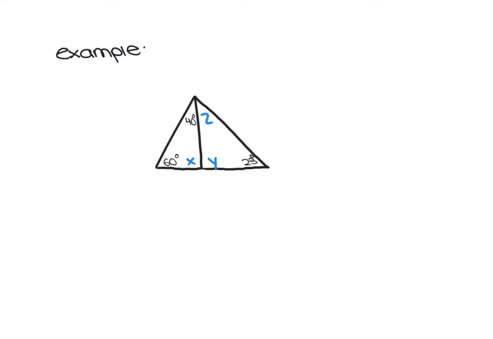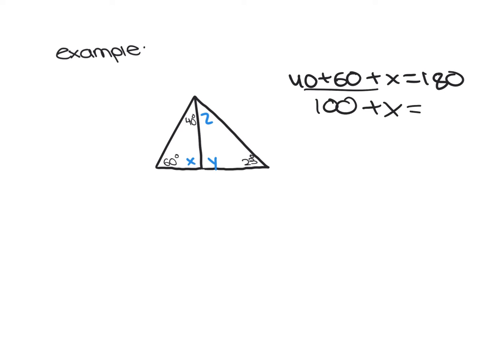Looking at the first triangle, we are given two angle measures, so we can solve for the third angle measure, knowing that the sum of the angles in every triangle is equal to 180 degrees. Knowing this, we can create the equation 40 plus 60 plus x is equal to 180. 40 plus 60 is equal to 100, so 100 plus x equals 180.